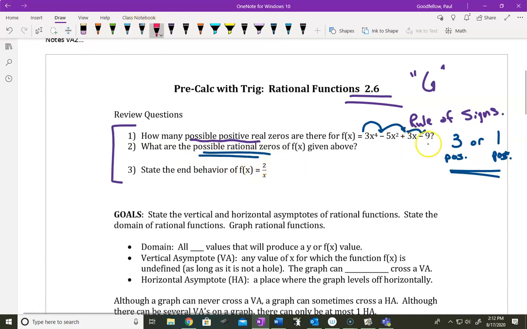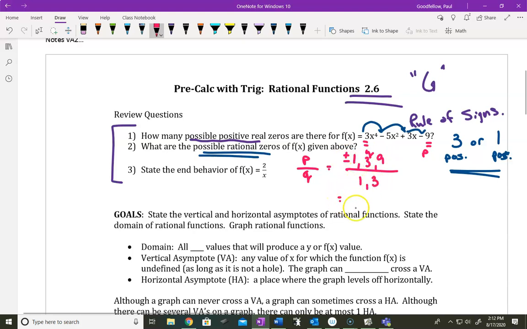That would ultimately be taking a look at the constant term at the end, p, and the coefficient in front of the lead term, which is q, and we would do a p over q possibility list. In this case, p happens to be plus or minus 1, 3, or 9, and the bottom would be 1 and 3.